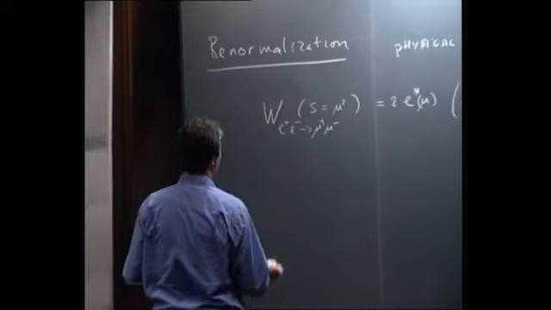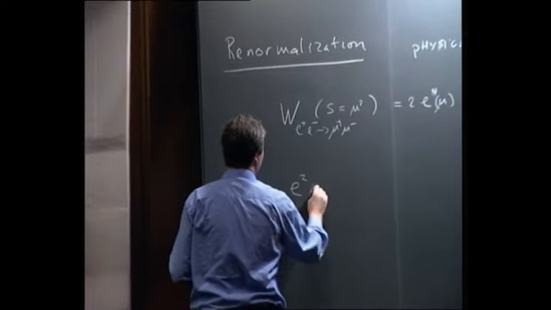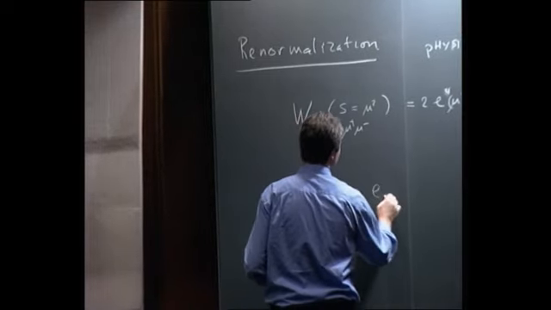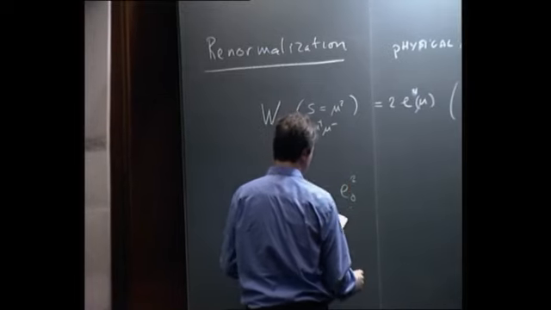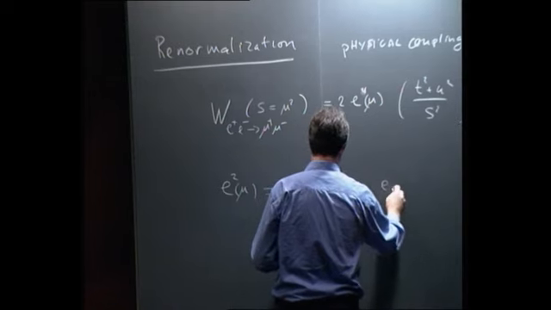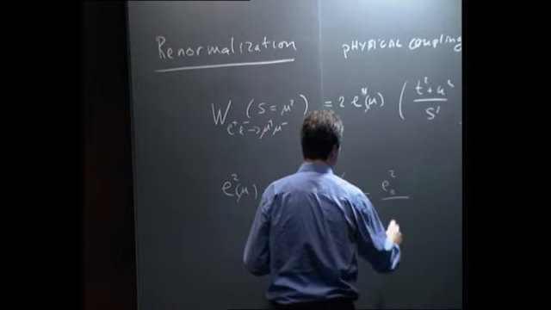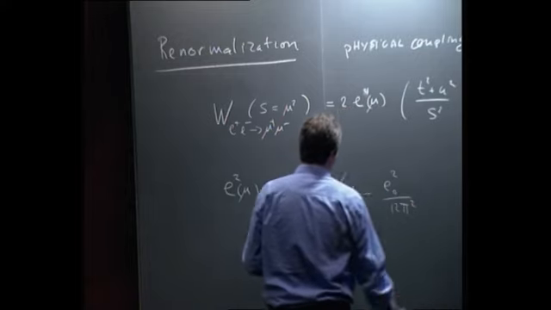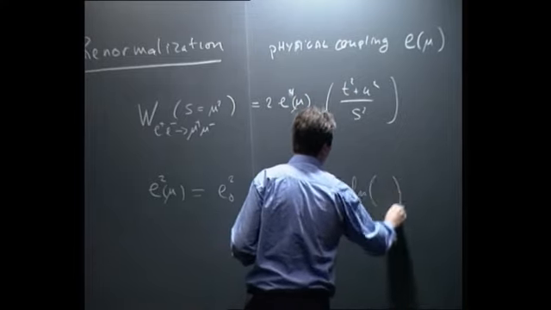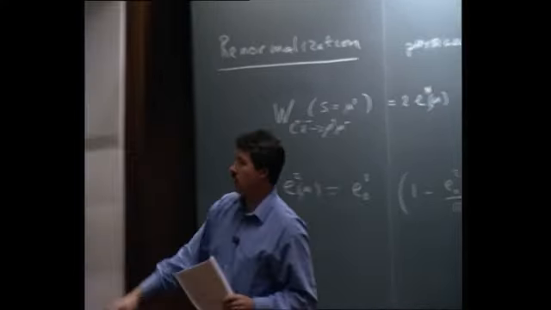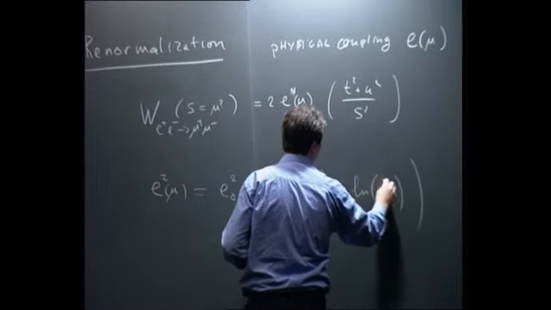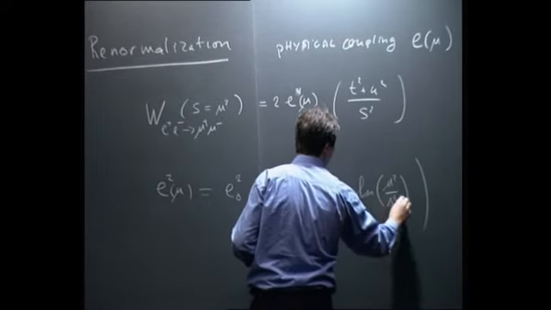And then we learn that e squared of mu, so I'll take the square root, must be equal to e0 squared times 1 minus e0 squared over 12 pi squared times the logarithm. And here we had in our expression s over lambda squared. S is equal to mu squared, so I'll write down here mu squared over lambda squared.